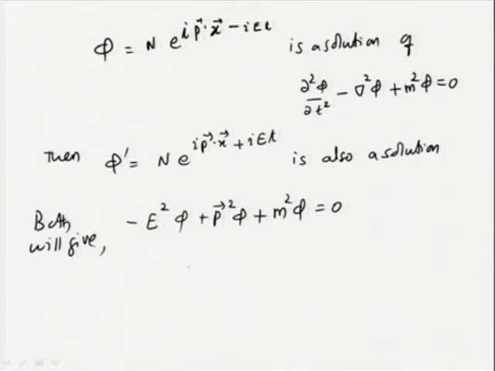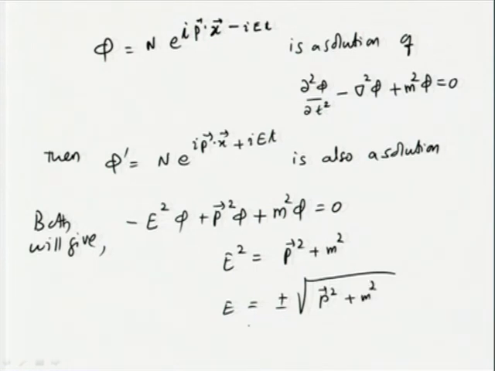This is essentially E squared equal to P squared plus m squared, which is the relativistic energy momentum relation. If I write the expression for E, I can write it as the square root of P squared plus m squared, with plus or minus.